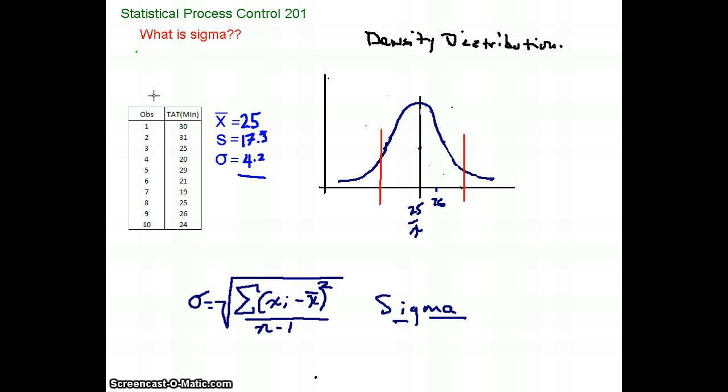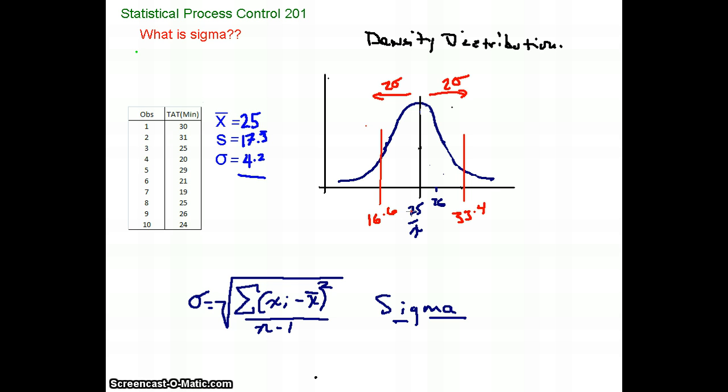So going back to our turnaround time process that we've been working with right along here, if I add these two posts here indicating 2 sigma, these are 2 sigma from the mean on either side, then that would mean that here we're at 33.4 and here we're at 16.6.